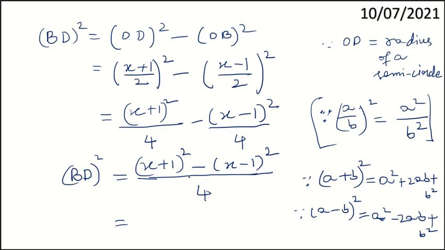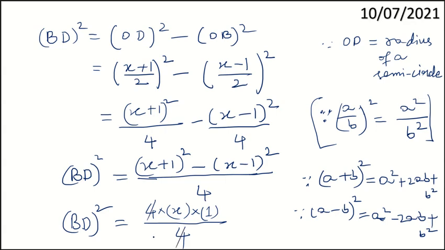(x plus 1) whole square minus (x minus 1) whole square is 4 times x into 1, because here a is x and b is 1, divided by 4 is BD square. Now 4 into x into 1 is 4x, and this 4 and that 4 cancel.